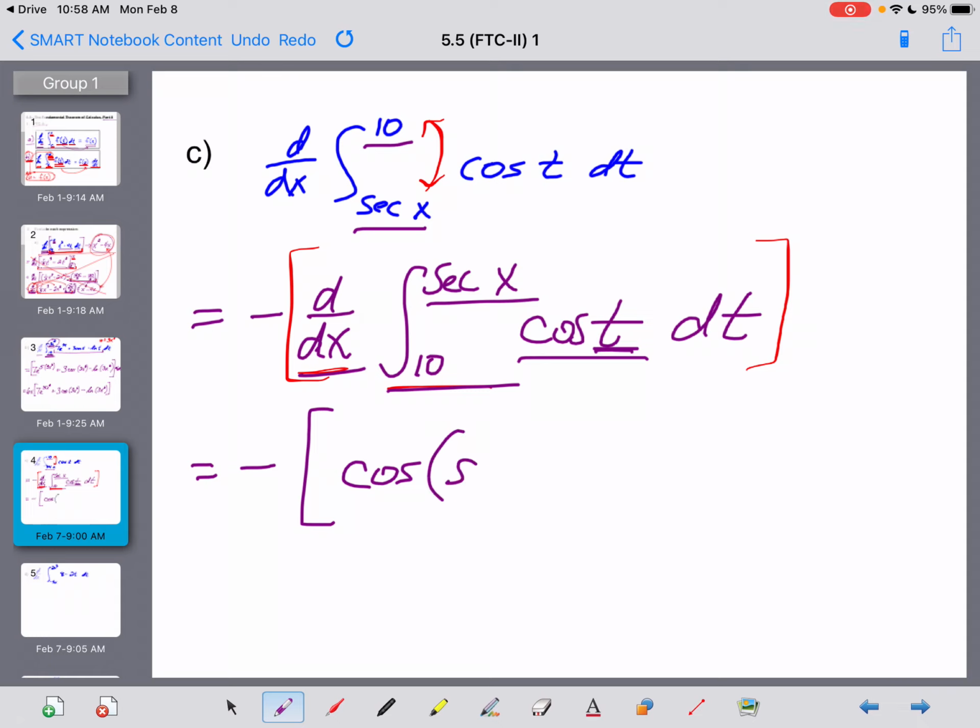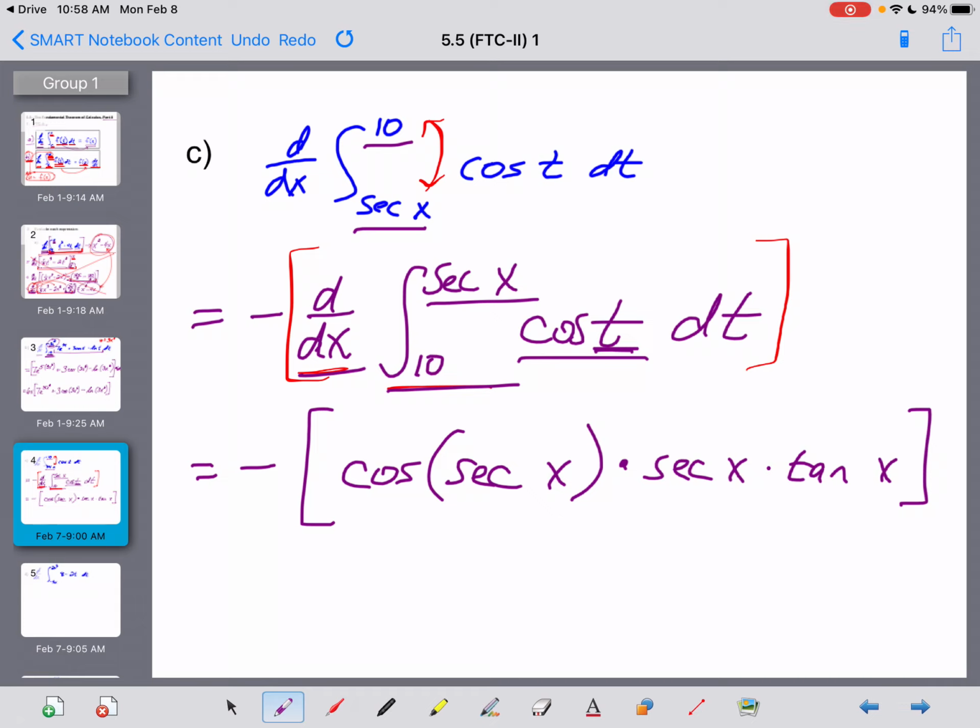So this is now the cosine of the secant of x. But wait, there's more, times the derivative of that upper limit of integration. And our derivative of secant of x, everybody, is going to be a secant of x multiplied by a tangent of x.